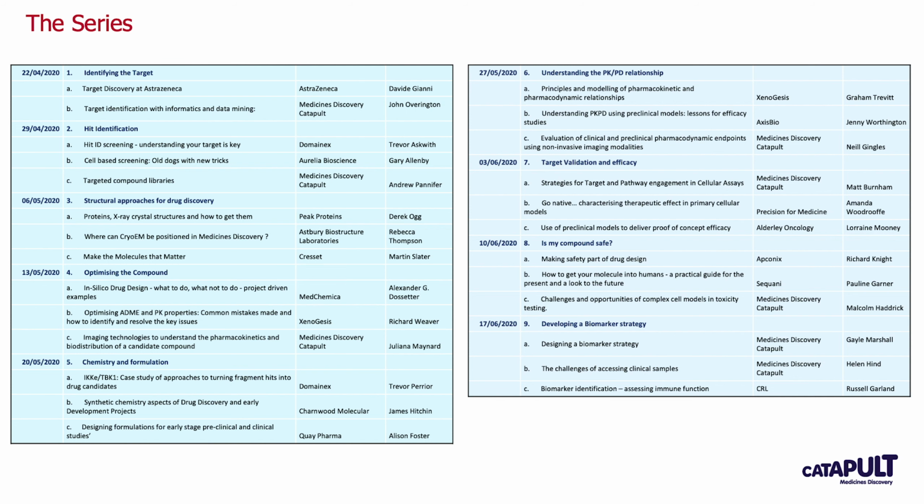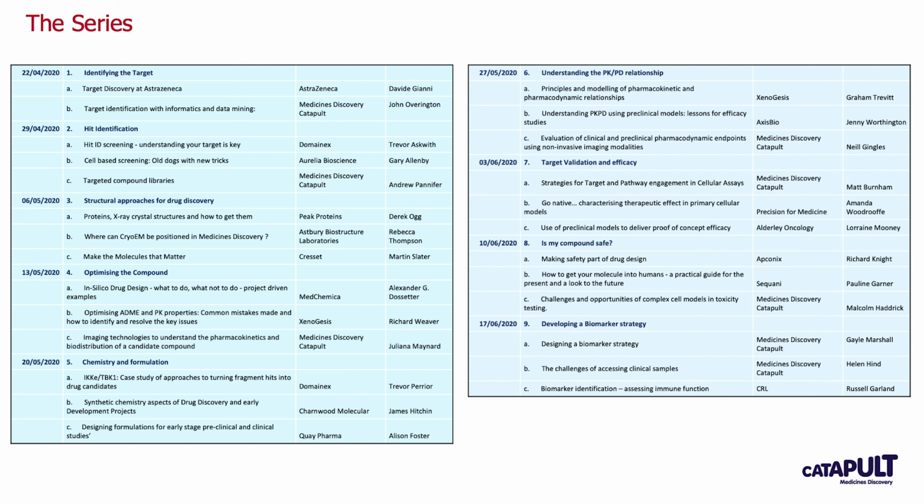This is the 9th session in this series of 9 informative drug discovery sessions, each delivered by experts from the Medicines Discovery Catapult and from our CRO network partners. The sessions focus on aspects of preclinical drug discovery. We started with selecting the right target and then identifying the hit.